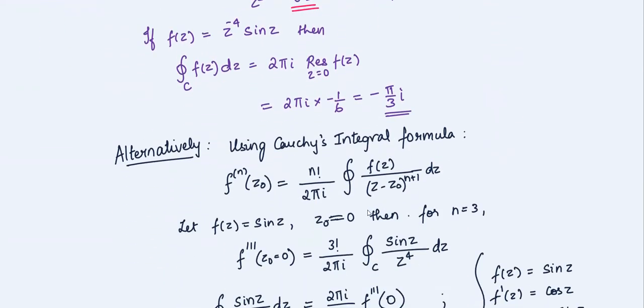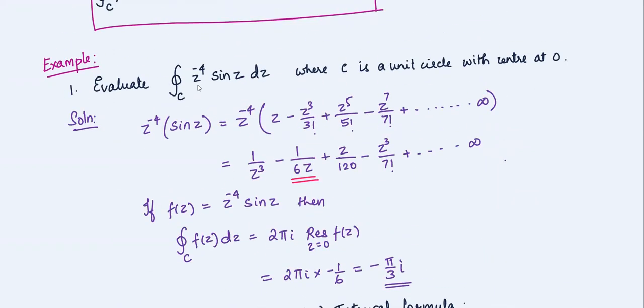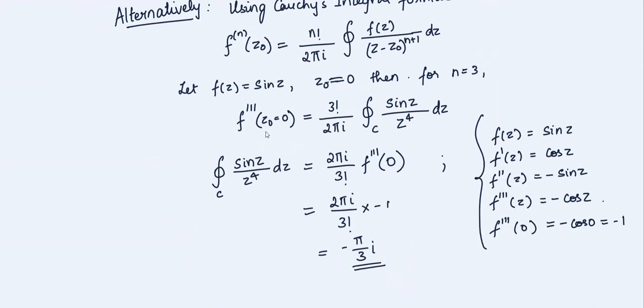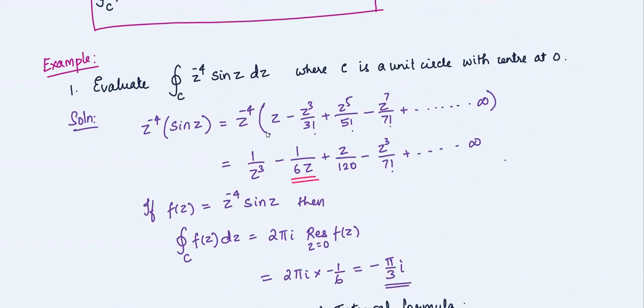So whenever we have a very high power in the denominator, a singularity of a very high order, then we can use the residue theorem if we can. So the solution becomes very, very simple.